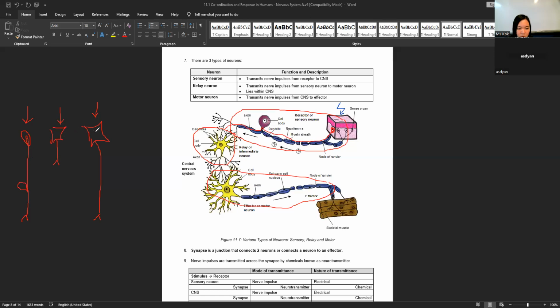For the motor neuron and also the relay neuron, the cell body is found at the extreme starting end. So normally you start off with the cell body. You start off with the dendrite, of course, over here, which is quite near to the cell body. And then you go to the cell body and then the axon. Okay, here you can see these two structures are quite similar, just that the motor neuron is longer and the motor neuron has Schwann cell.